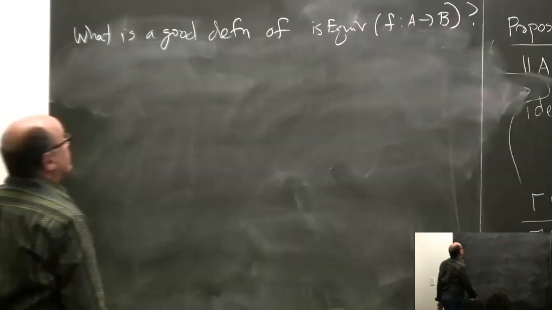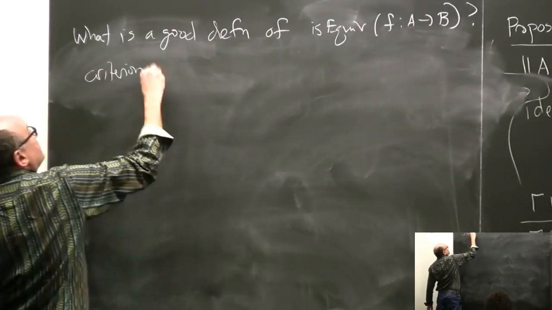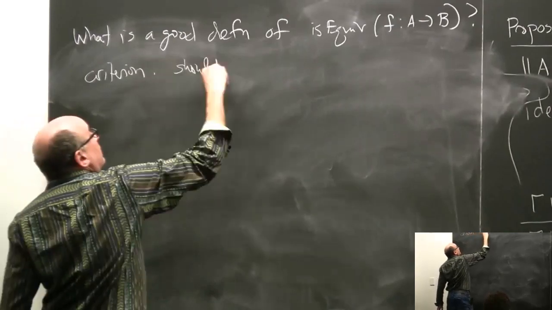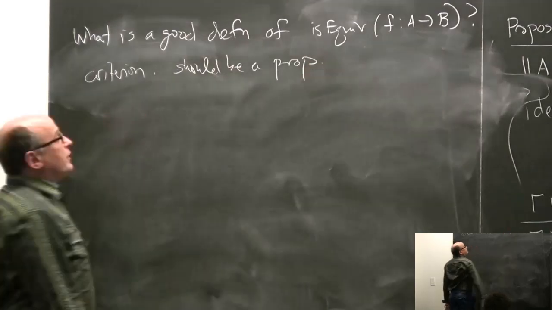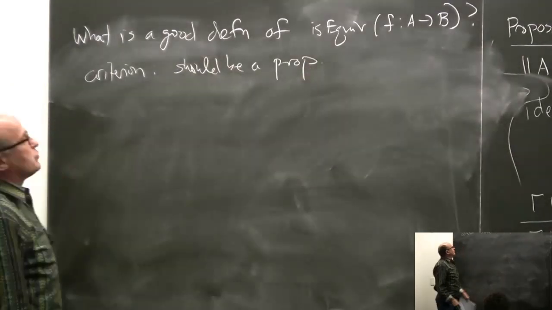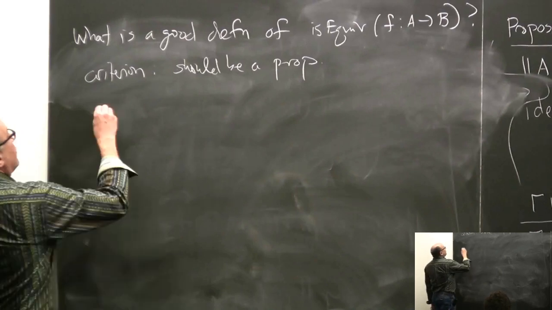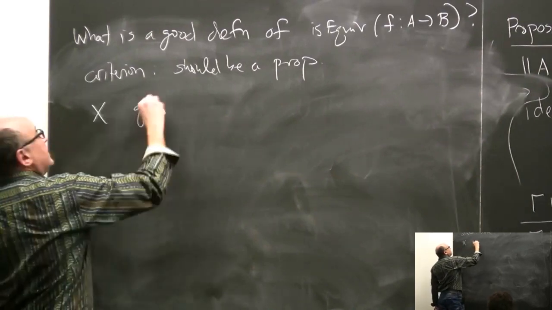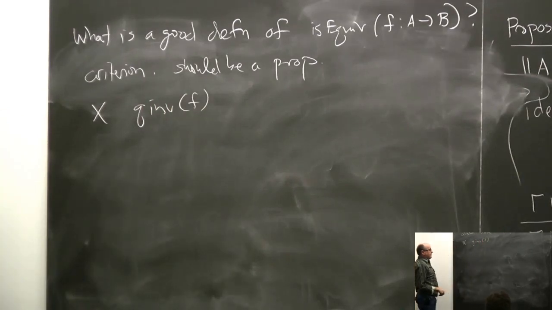So what we're arguing is the criterion is it should be a proposition. That is, something should be an equivalence in the sense of is equiv in at most one way, up to higher homotopy. So quasi-inverse of f doesn't qualify. That's not a good one.